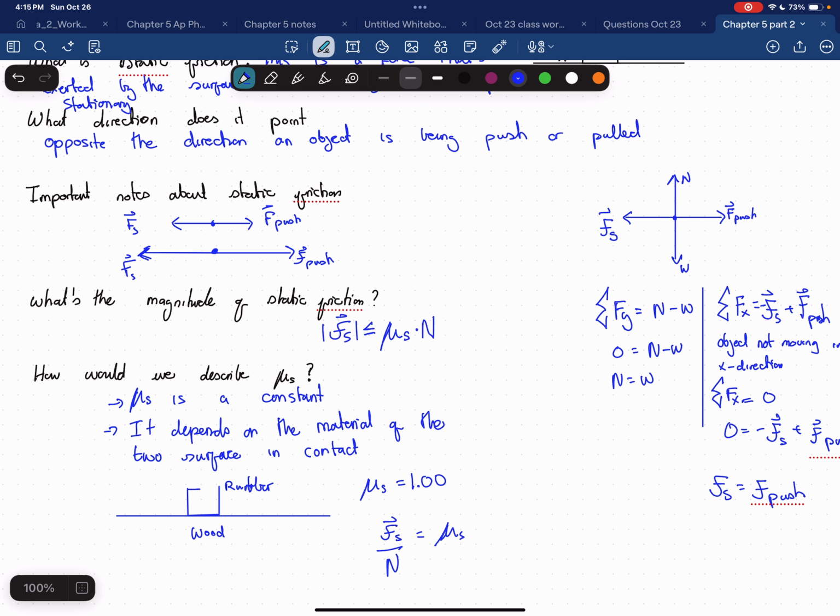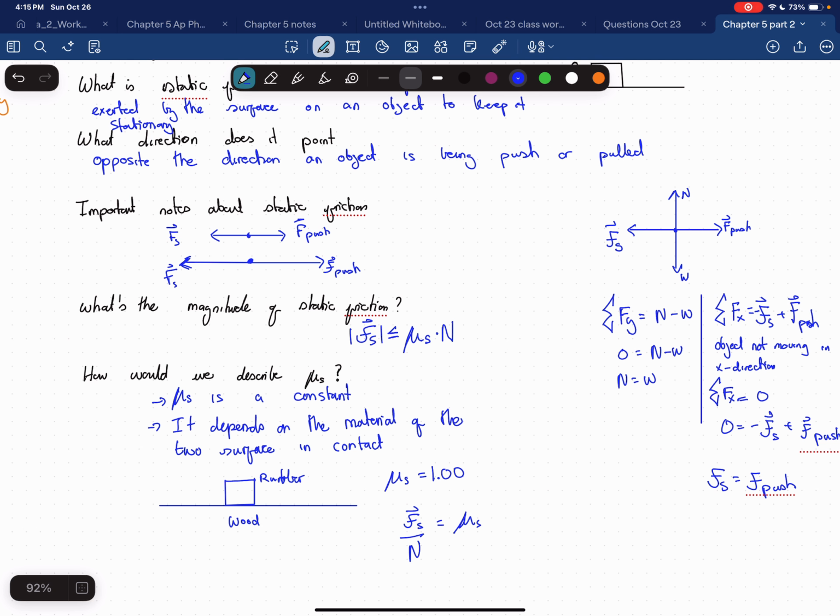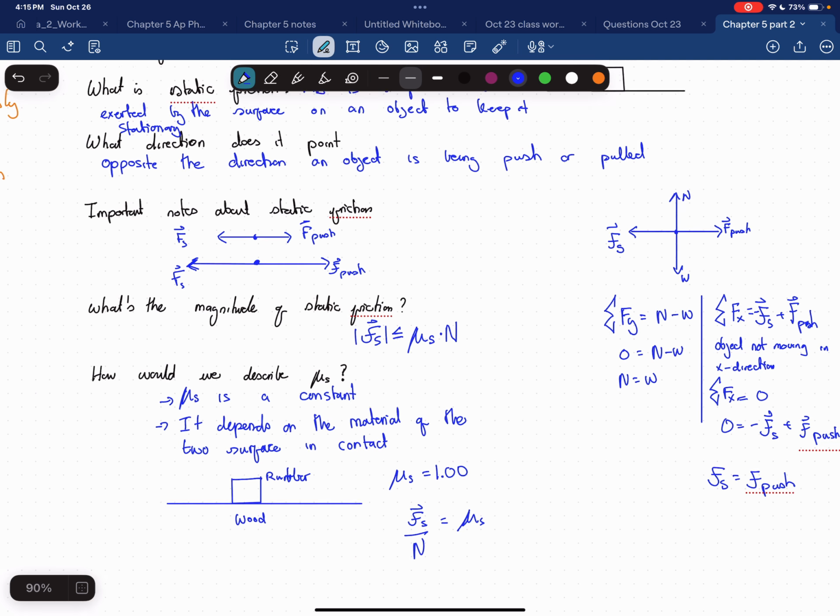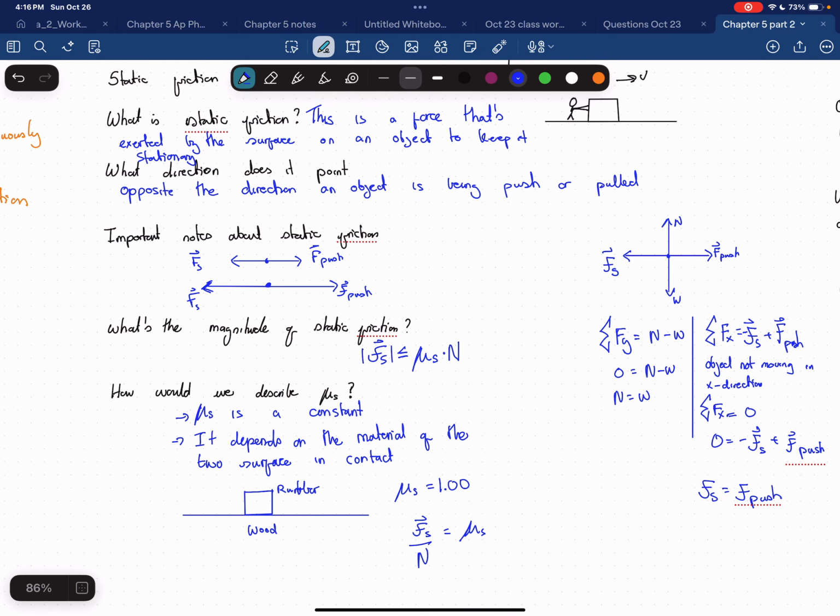I hope that gives you an idea. So when we're doing force problems and we have static friction, we're thinking about mu s times the normal force. We'll talk about why it is proportional to the normal force a bit later in the video.